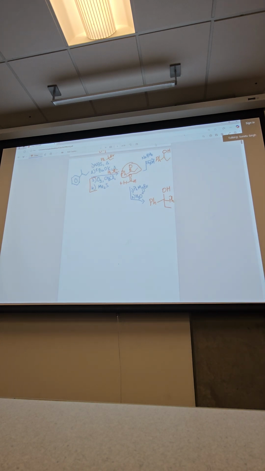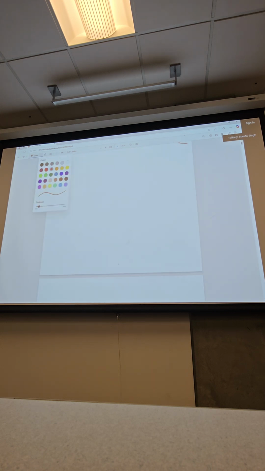Cool. Any questions? Okay, so the next reaction of also the benzylic position, so to speak, is the oxidation reaction, where, let me write it first. If you have an alkyl side chain, it can be oxidized by using a very strong oxidizing agent.